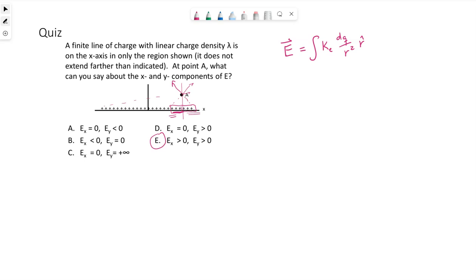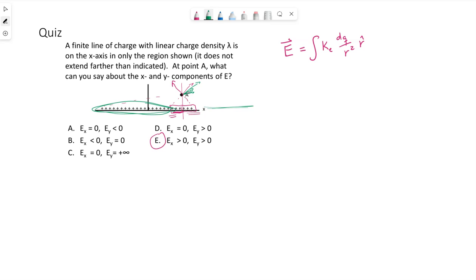So those cancel out. But that doesn't mean there's no X component at all, because we now have all of these charges down here that don't have any charges on the other side to cancel with. And so these X components are going to add together. So overall, we'll end up with a positive X component of electric field and a positive Y component of electric field.